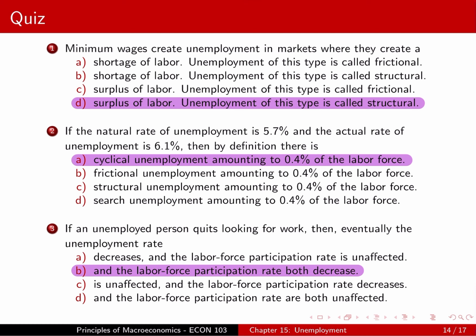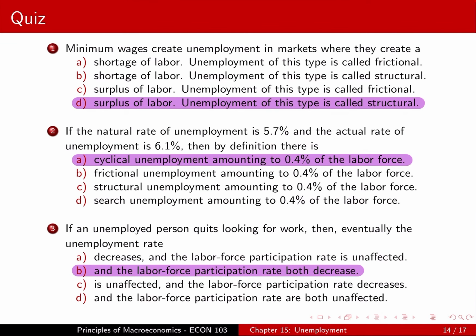Substituting the given values, 6.1% minus 5.7% equals 0.4%. So there is 0.4% cyclical unemployment. Thus the answer is A, cyclical unemployment amounting to 0.4% of the labor force.